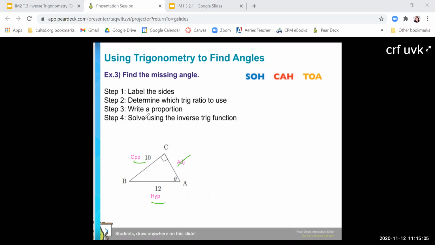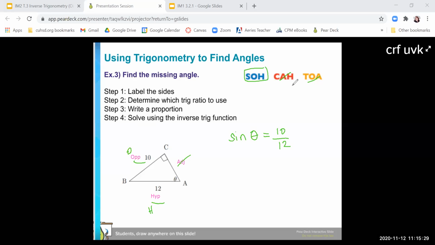Anything with an A is out, cosine is out, tangent is out, and that leaves us with sine, which relates the opposite, O, to the hypotenuse, H. So there's our sine. Start your equation. The sine of theta is equal to opposite over hypotenuse.